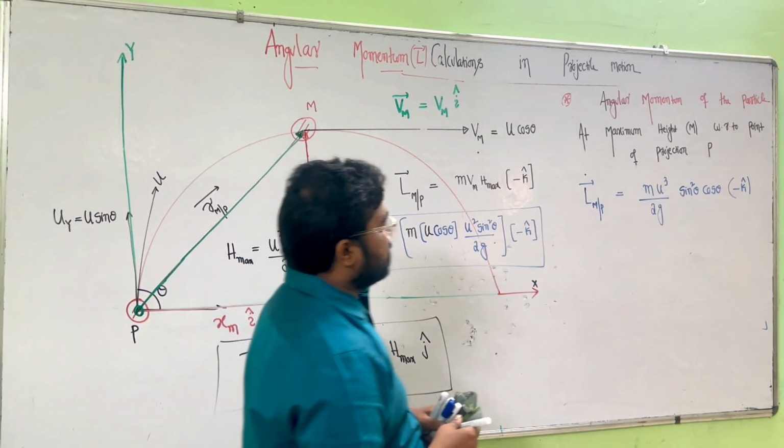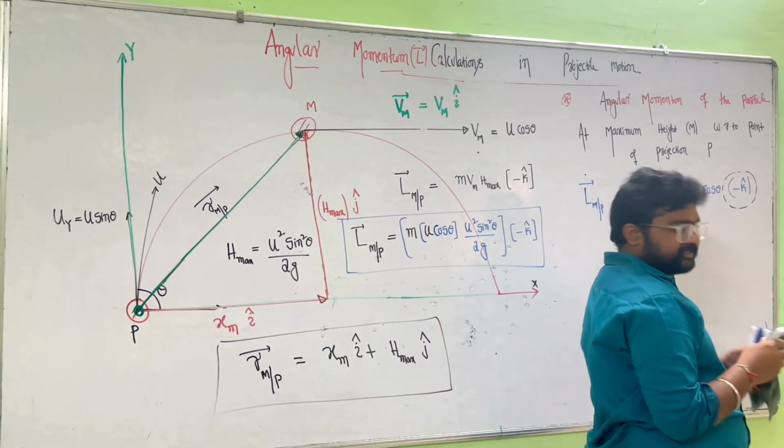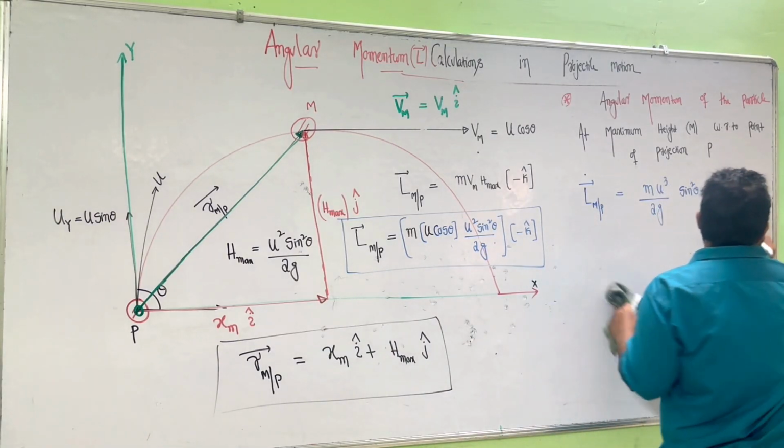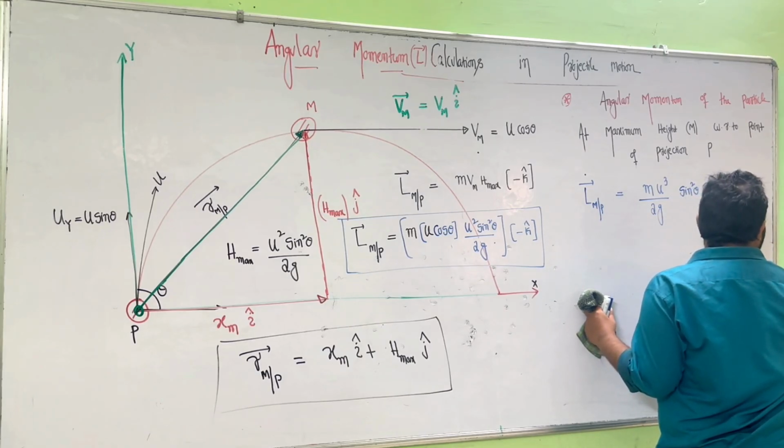Understood or not? Minus K cap means what? Negative Z axis. It is along negative Z axis.